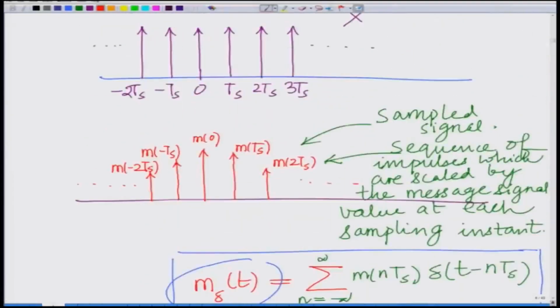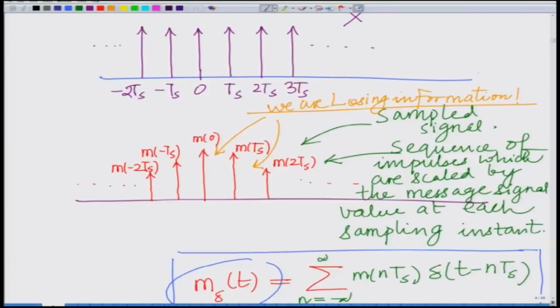If we are not able to recover all the information from the signal, because information has been lost, this can lead to distortion.